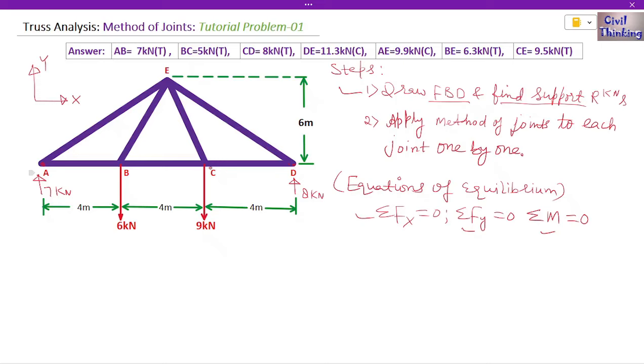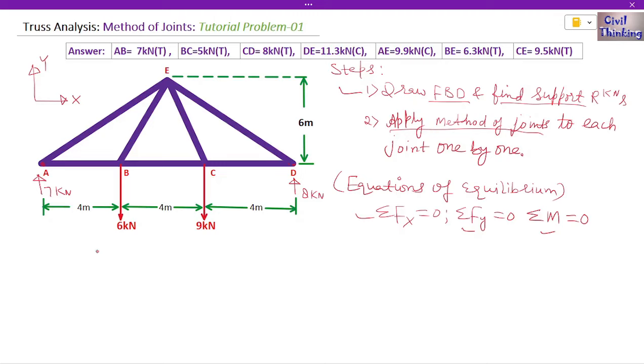The rule is basically to begin with a joint which is relatively simple, which has fewer unknowns, or which is easy to analyze. Now what do we mean by apply method of joints? When we say apply method of joints, we apply equations of equilibrium at that joint, at that point.